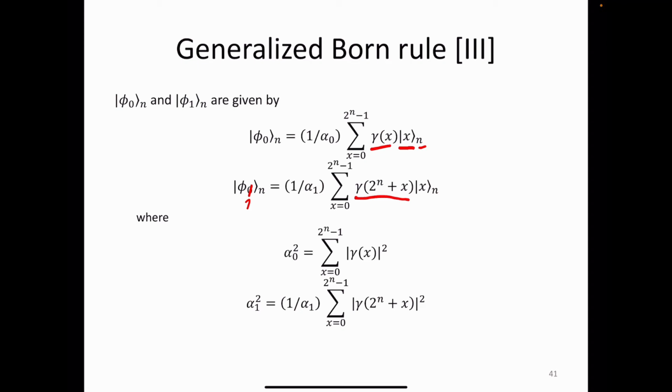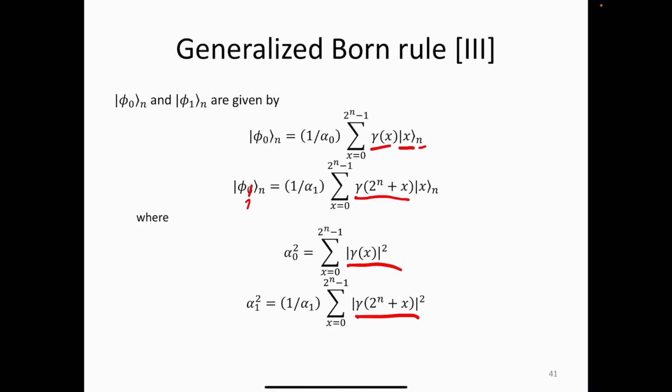And if we look at the probability for the first one, so a sub 0 squared, we look at the gamma of x squared. And if we look at the second one, where we have the remainder of the states, so a sub 1 squared, then it's given by the probabilities for all the 2 to the power of n states squared.